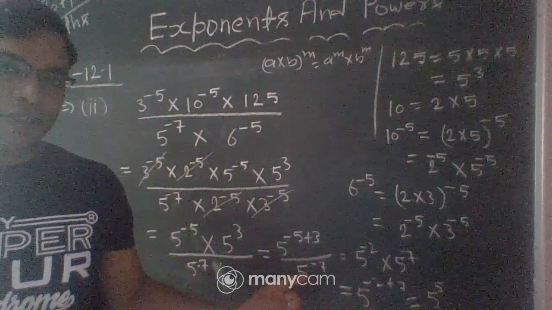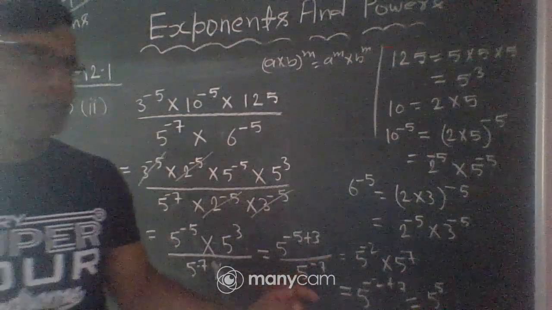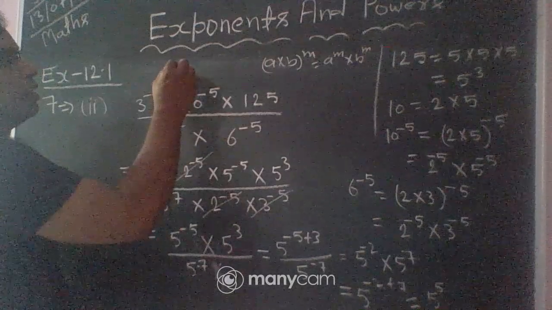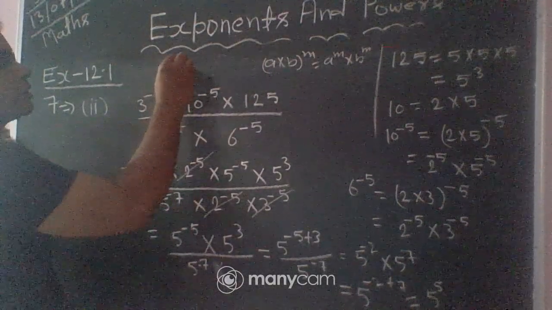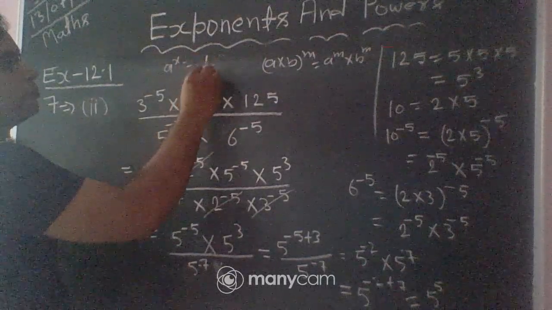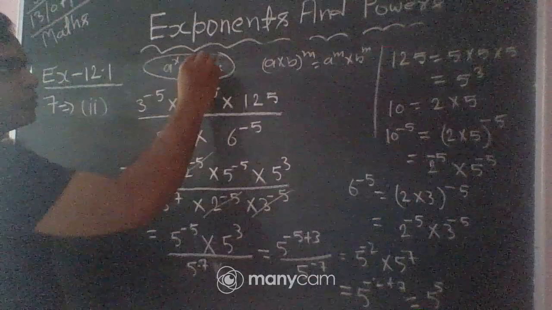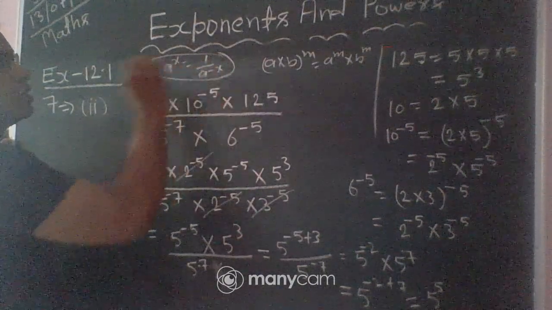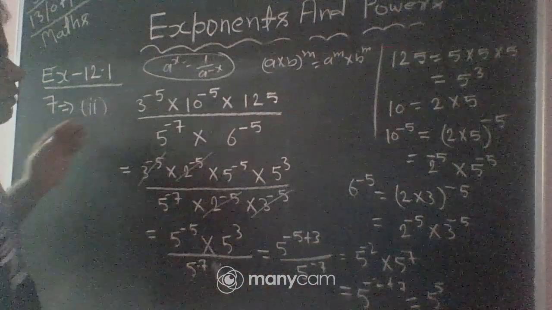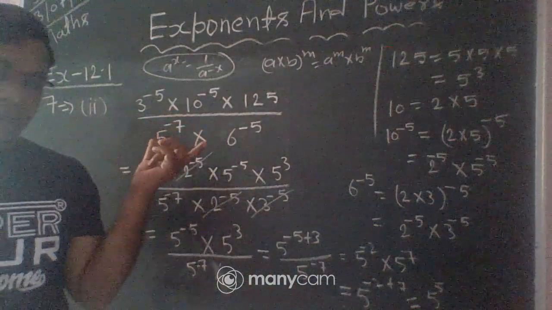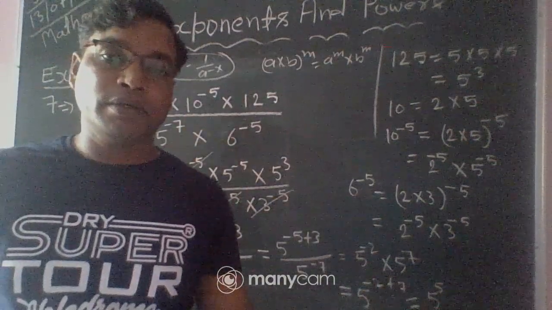You use here 5 power minus 7. You use this exponents law: 1 upon a power minus x is equal to a to the power x. So according to this rule, the solution of this problem is 5 to the power of 5.